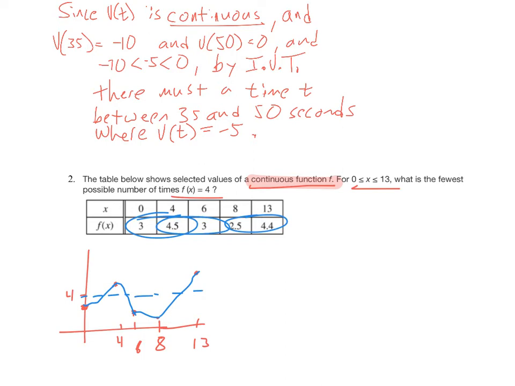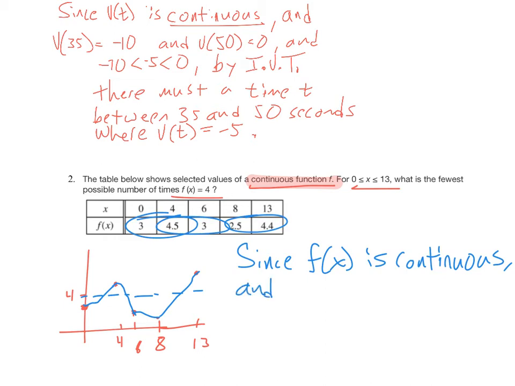So since it's continuous, we could say something like this: f of 0 is less than 4, which is less than f of 4. Actually, I should say f of 4 is greater than 4.